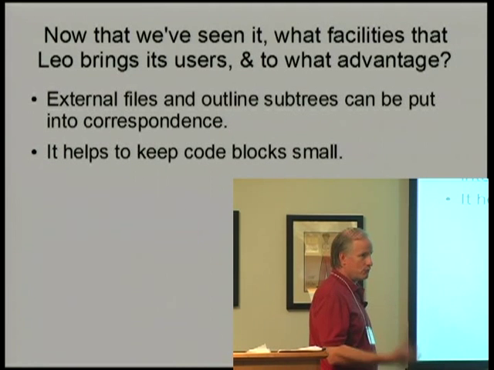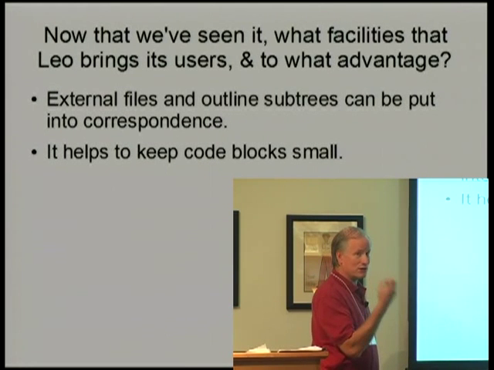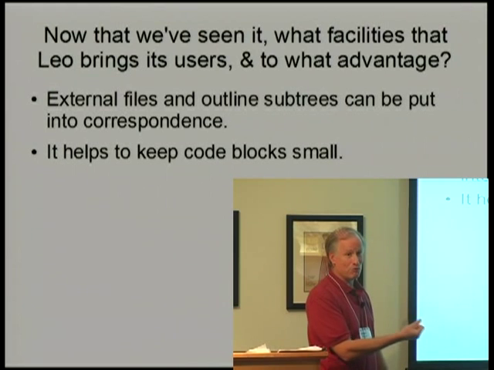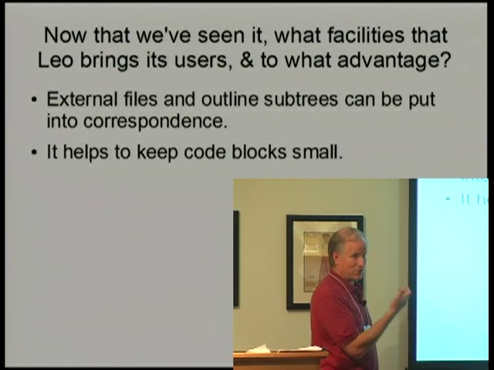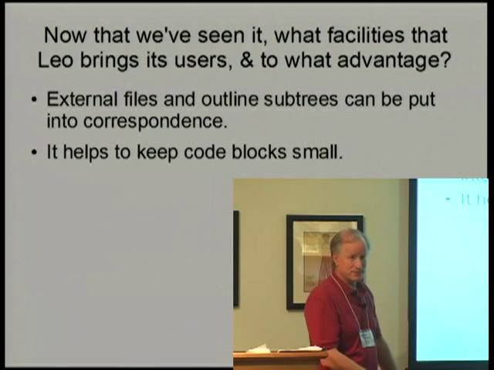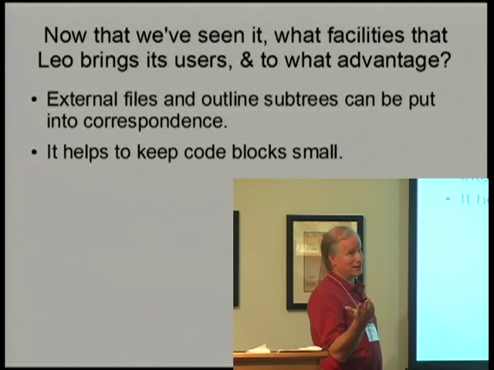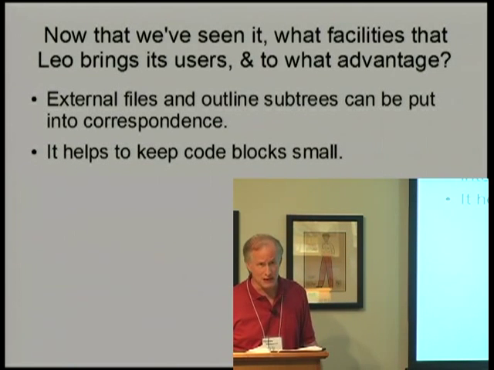One of the nice things about Leo is it lets you chop things up into fairly small pieces, that cluster, and you can name them. If it's going to be some super long function, you can chop it up, give the pieces names, or not even bother giving them names. So it helps keep your code blocks small.